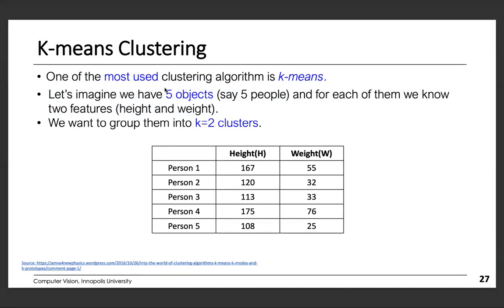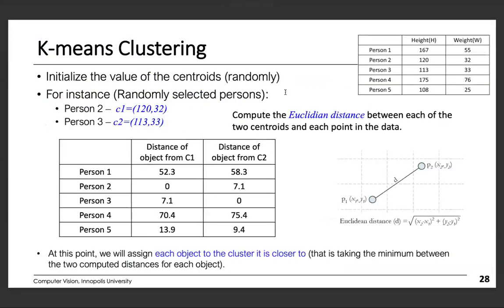So let's imagine we have 5 objects, say 5 people. For each of them, we know 2 features, height and weight. We want to group them into 2 clusters, right? So what we will be doing is we will initialize the value of the centroids randomly.